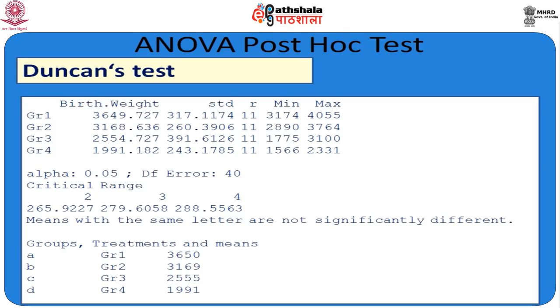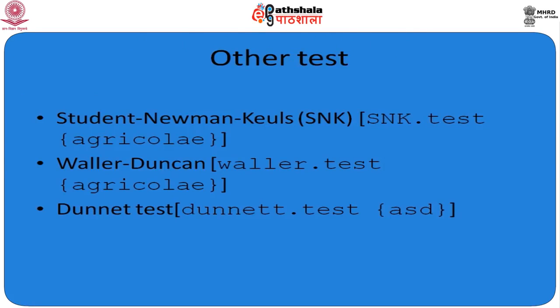Scheffe's test would be one of the best among all. A few other alternatives are there, such as Student-Newman-Keuls, Waller-Duncan and Dunnett test, etc. These functions are also available in the agricolae package.